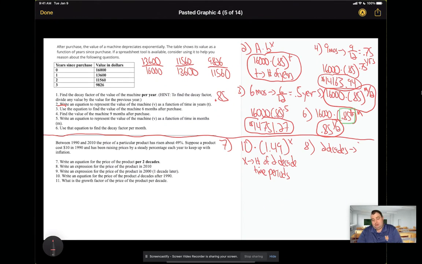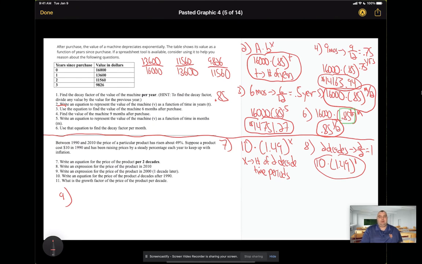I'm actually going to plug in 2 divided by 2, which is 1, because 2 decades is 1 2-decade time period. So that's going to look like 10 times 1.49 to the power of 1. That is your expression. Okay.